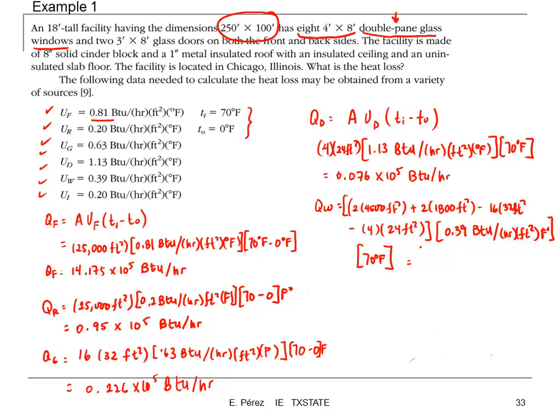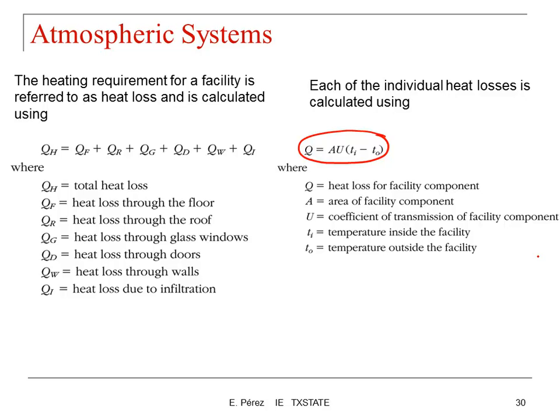And that will be equal to 0.88 times 10 to the 5 BTU an hour. And I believe this is just for keeping them in the same boundary, but if you want to keep the large numbers, that doesn't make a difference. So we have QW.